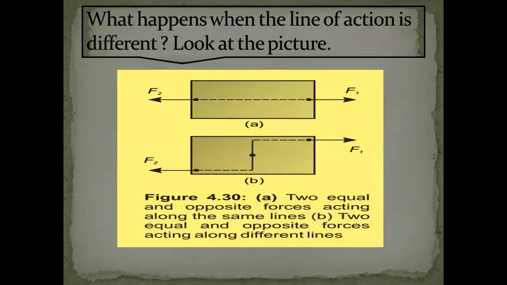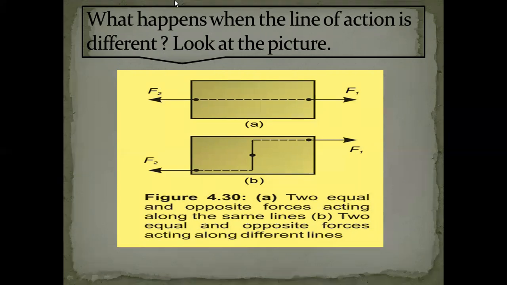We have discussed that in the first condition of equilibrium, the summation of all the forces acting along the x-axis and y-axis must be zero. This is the first condition of equilibrium.